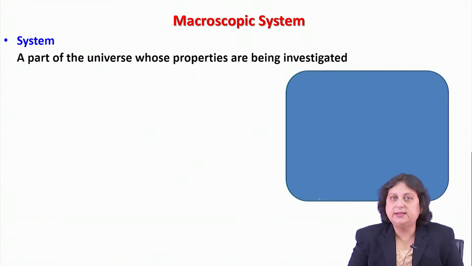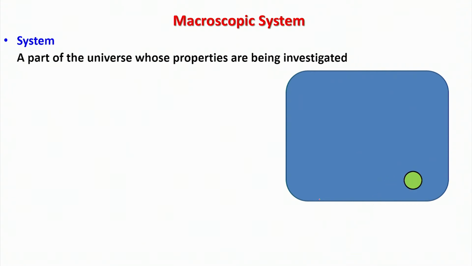Therefore, if I look at this picture, you see there is a small green circle. This is representative of the system that we are interested in. We are interested in investigating the properties of this system. Then the system is located within a big blue box.